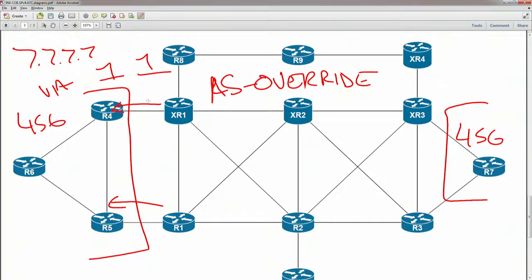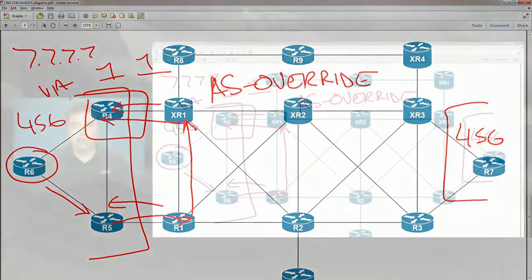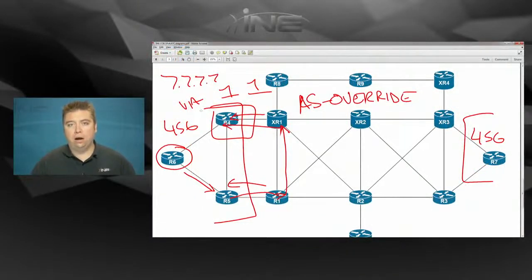But as a side effect of this now, when we're receiving routes from the internal peers, a route is going from 6 to 5, from 5 to 1, from 1 to XR1, from XR1 back this direction. And this update is going to be allowed in because it doesn't contain our own autonomous system in the path.